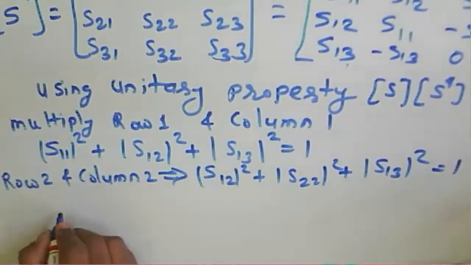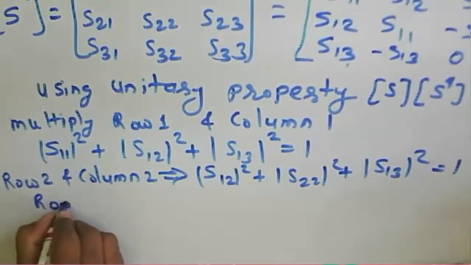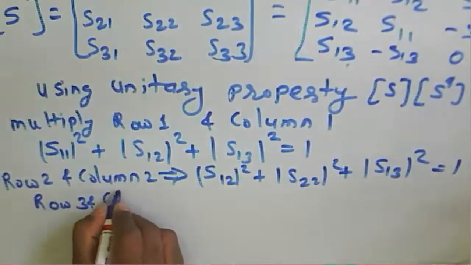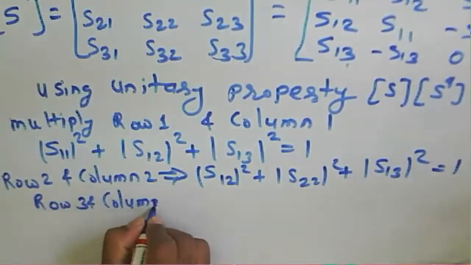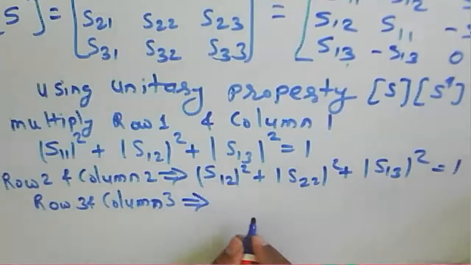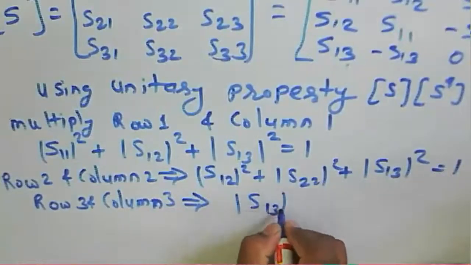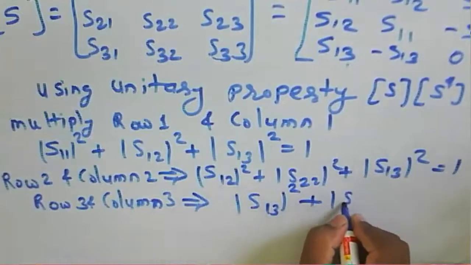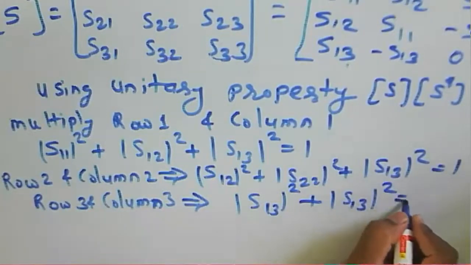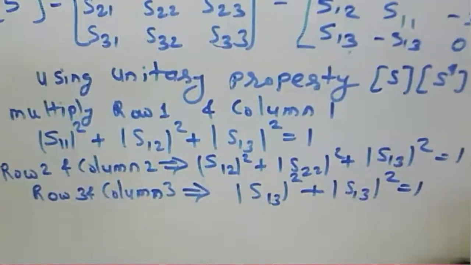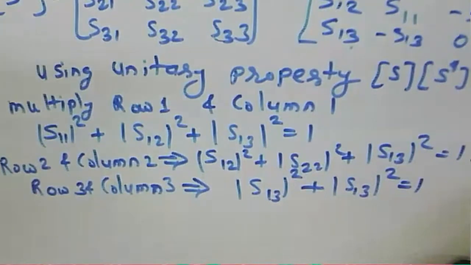Then row 3 and column 3. We say that S13 square plus S13 square is equal to 1. So now these are about the unitary property.